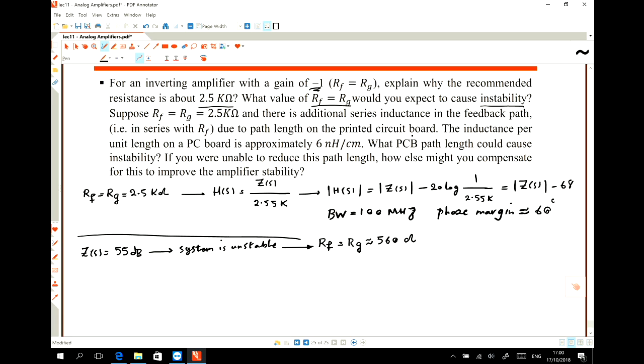So the last part is, okay, if we have an L, this is our system.